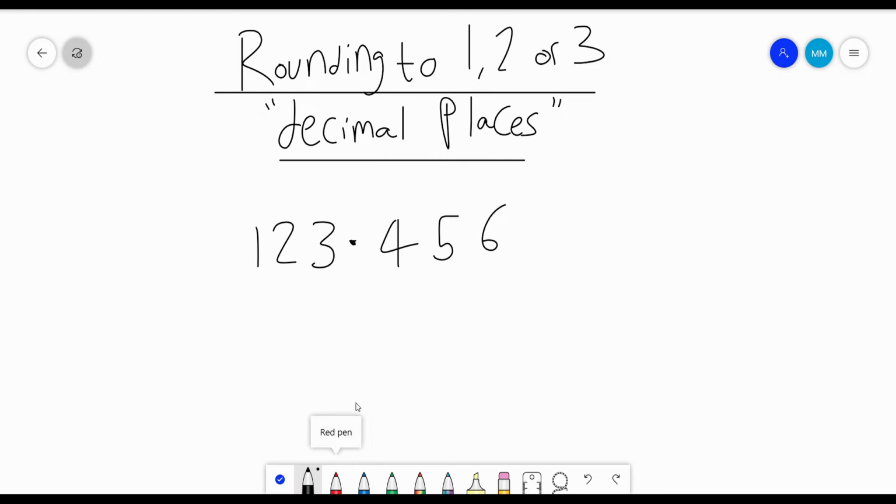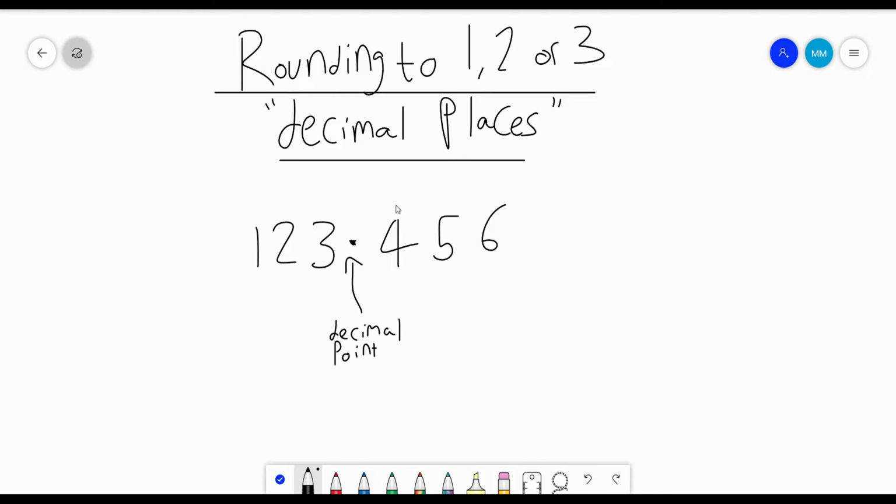Well, here's our decimal point. And those of you who know their place value rules, you know that the 4 is tenths, 5 is hundredths, and 6 is thousandths.